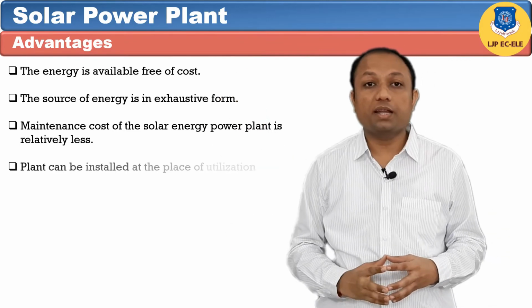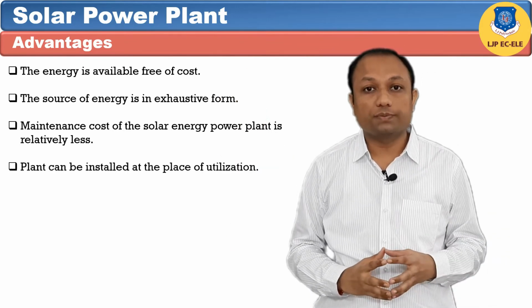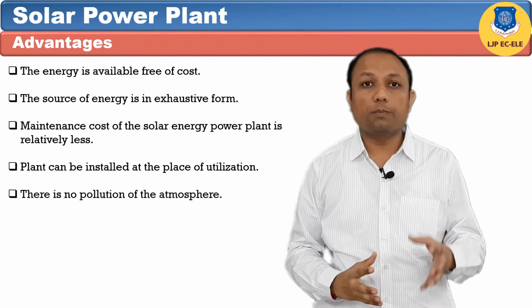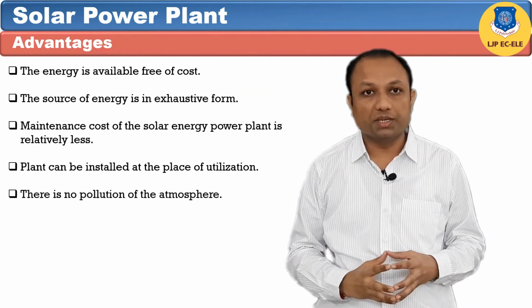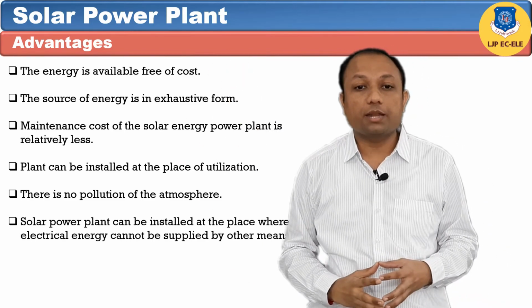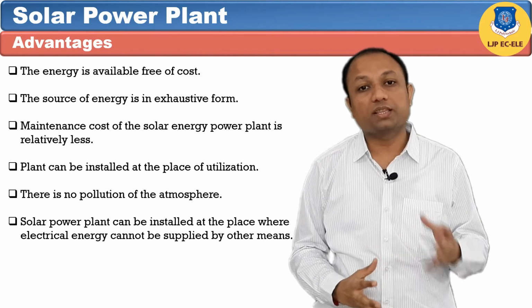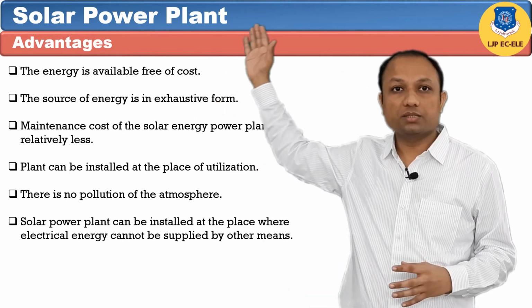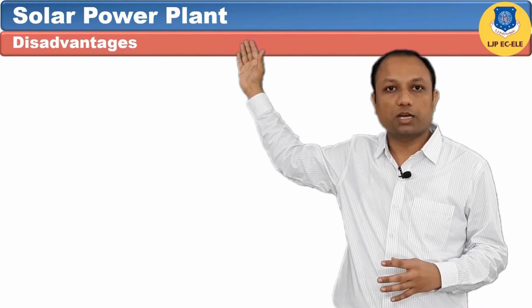Fourth one, plant can be installed at the place of utilization. Fifth one, there is no pollution of atmosphere. Sixth one, solar power plant can be installed at the place where the electrical energy cannot be supplied by other means.